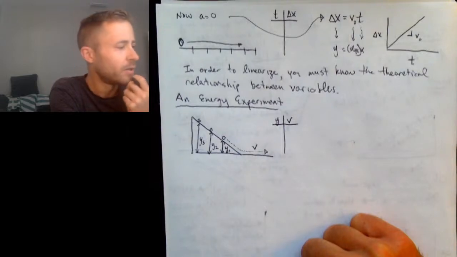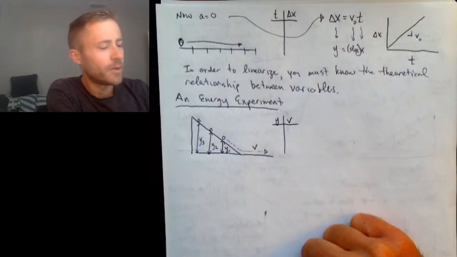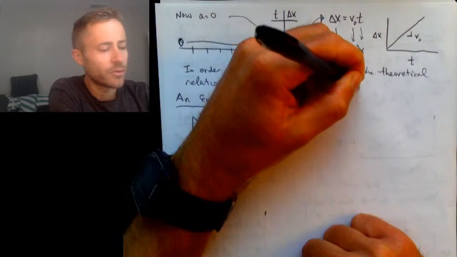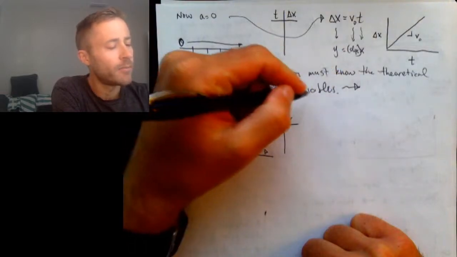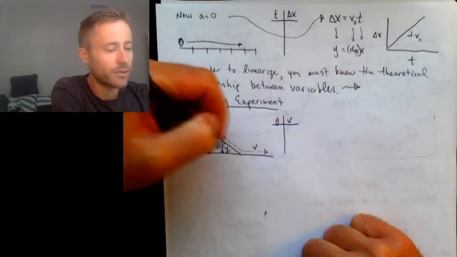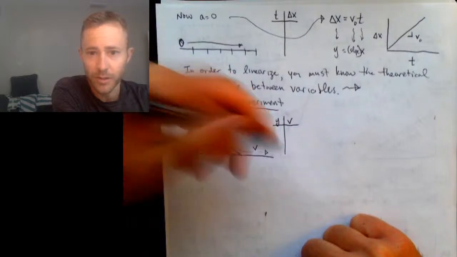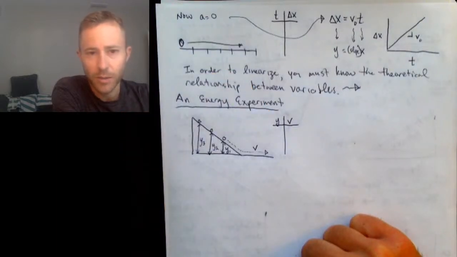Okay. So now, how are these variables related theoretically to each other? Theoretically, if I wanted to solve for the speed at the bottom of the ramp, I would use conservation of energy.